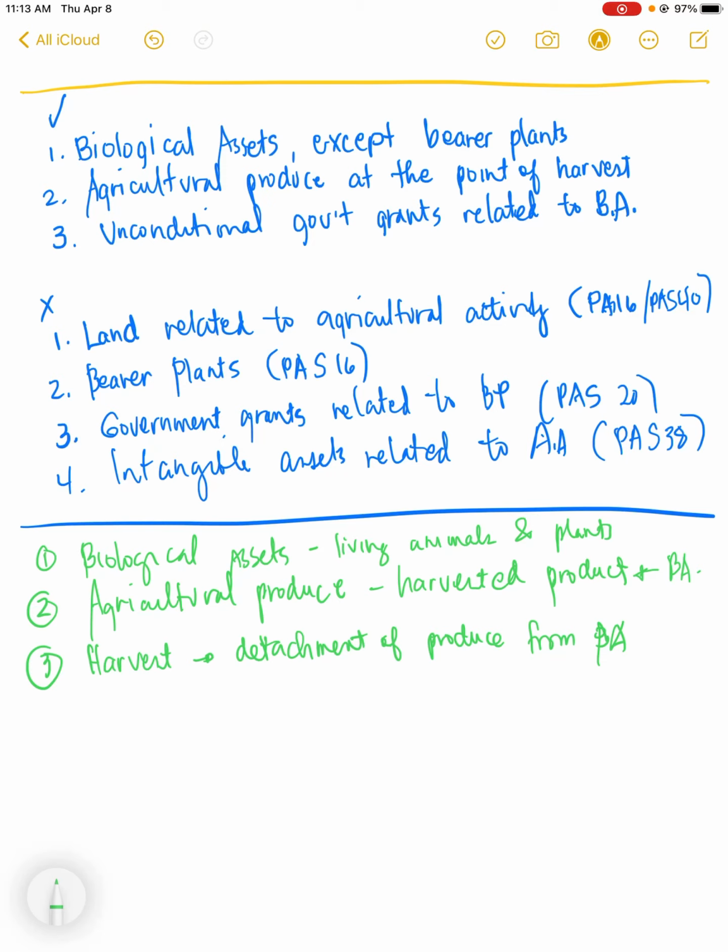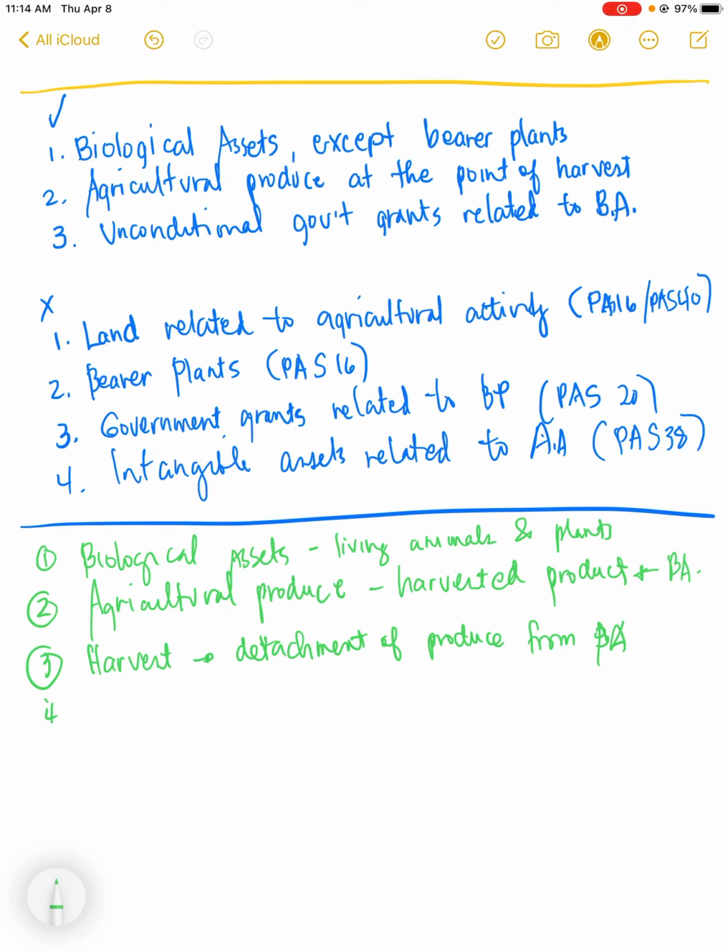Like for example, nanganak yung baboy na inianak, it's not an agricultural produce. It's actually another living animal. So, that is the biological assets and the agricultural produce.